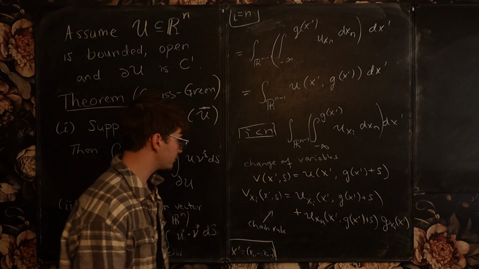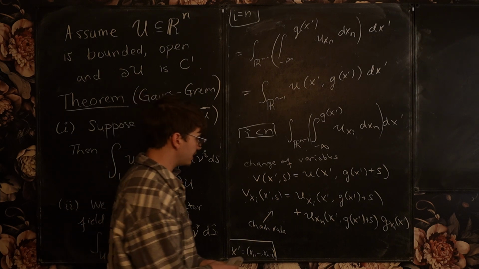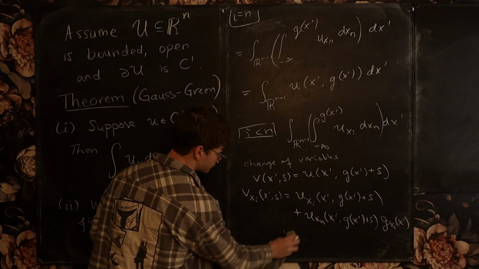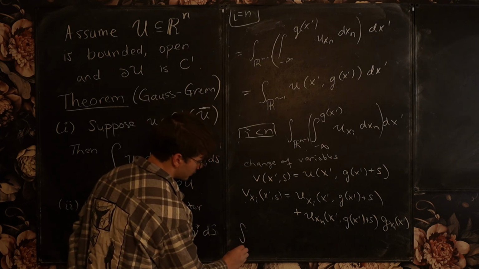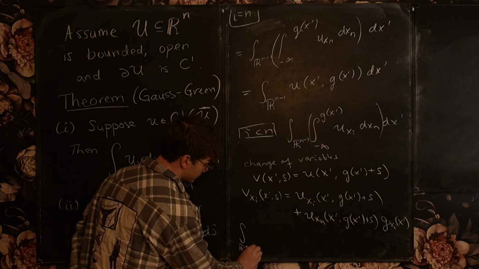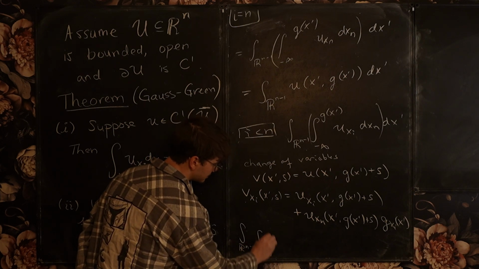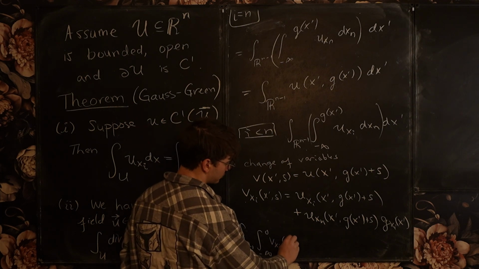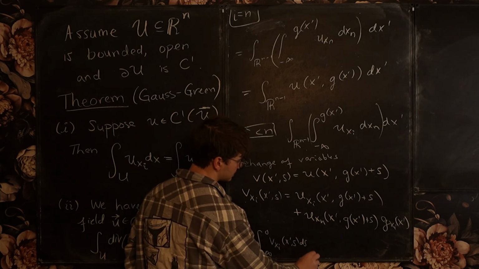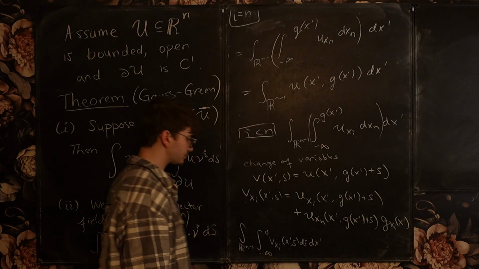Now I'm left with this expression, and if I now integrate v of xi from negative infinity to 0 in the s coordinate, v of xi, x prime, s, ds dx prime.